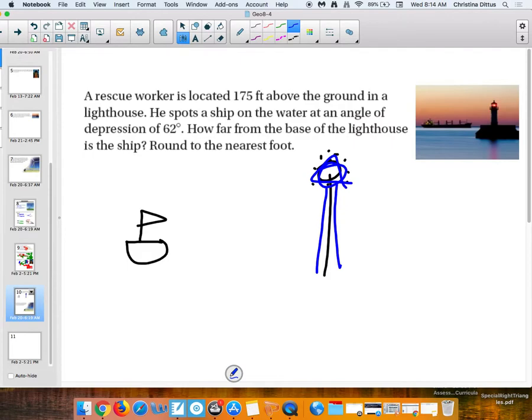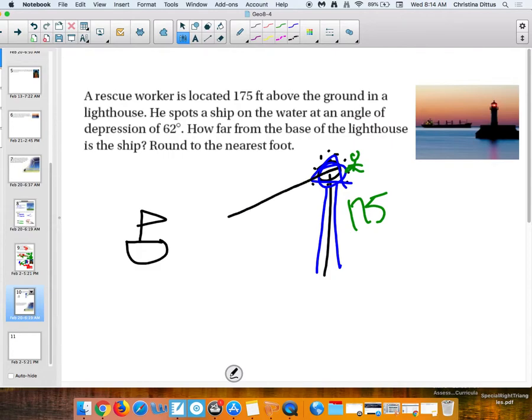Alright, anyway, a rescue worker in our lighthouse is 135 feet above ground. So here's a dude up here, 135 feet above. He spots a ship in the water at an angle of depression of 62 degrees. He's not outside the lighthouse, he's actually in it.